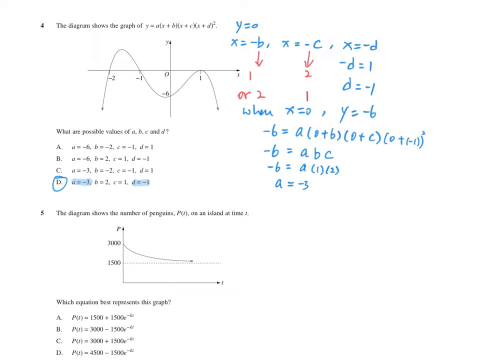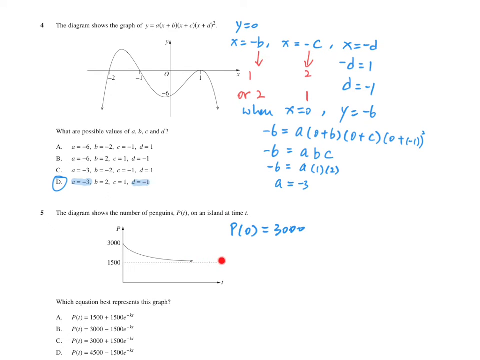Question 5 here is a function p in terms of time t. As time goes by, the function follows this graph. You can see that at the beginning, when t equals 0, p0 equals 3000. According to the graph, as time goes by, the value of p is declining.